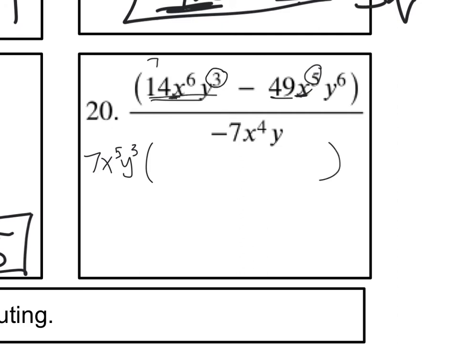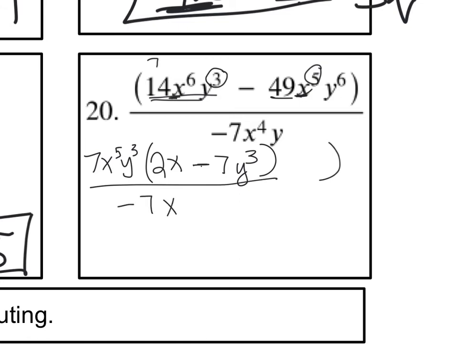14x to the sixth y cubed divided by 7x to the fifth y cubed is 2x, the y's cancel out, minus, the x's cancel out, y cubed divided by negative 7x to the fourth y.